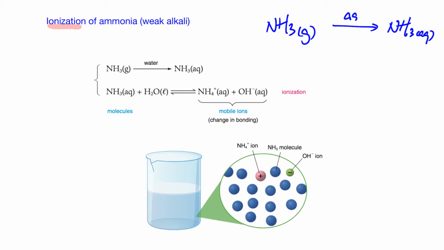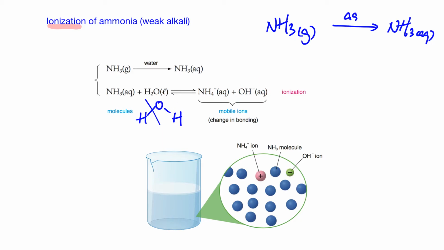So in this case, when we put it into the water, what happens? You can imagine, we have NH3 and the water, just like this. The NH3 can grab part of the H from the H2O, leaving the OH minus behind. So NH3 grabs the H, becomes NH4 plus, and the OH becomes OH minus.